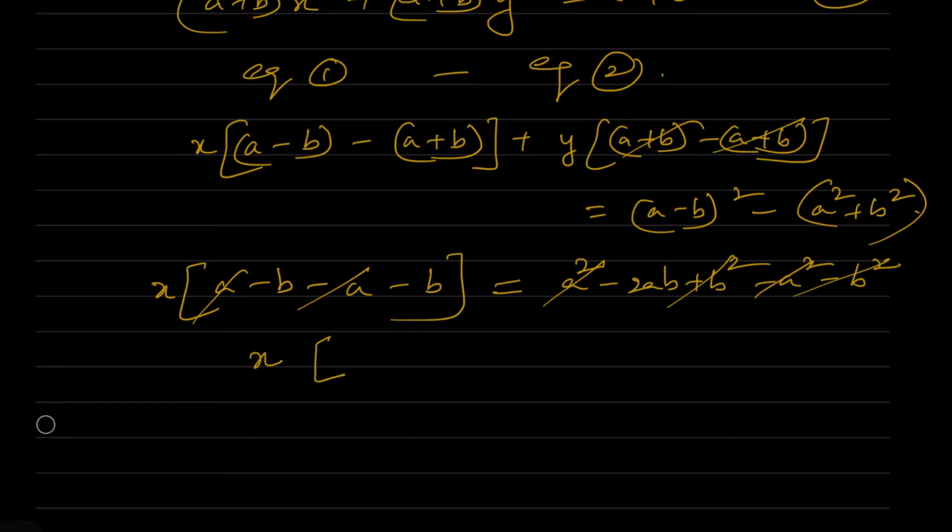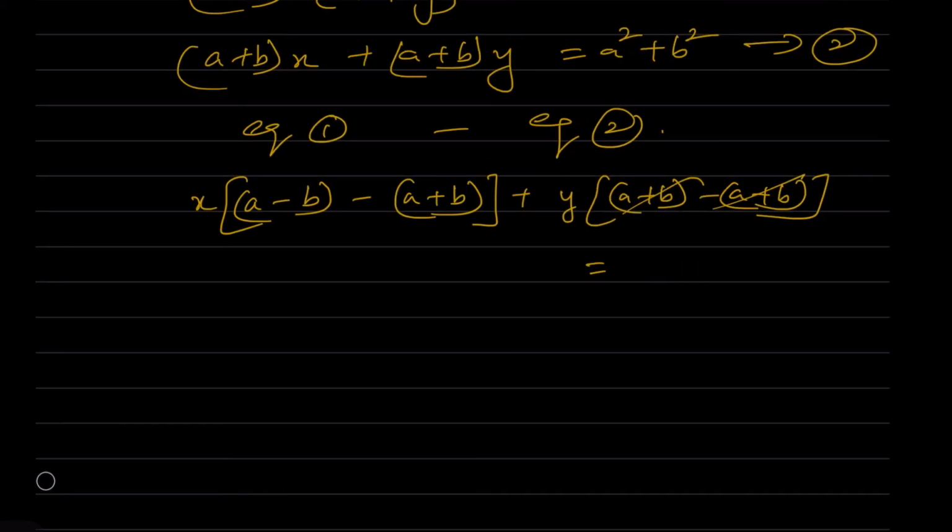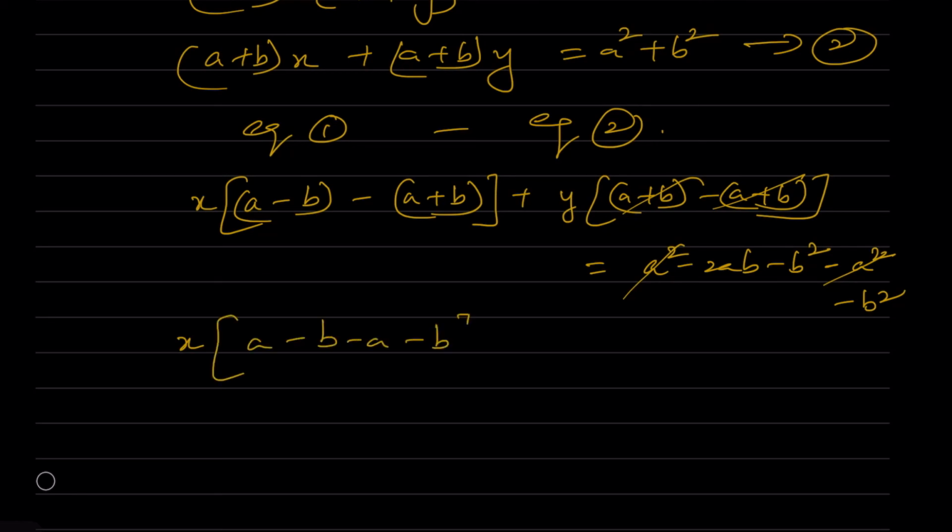So x into minus 2b is equal to minus 2ab, minus 2b square will get in the right hand side.